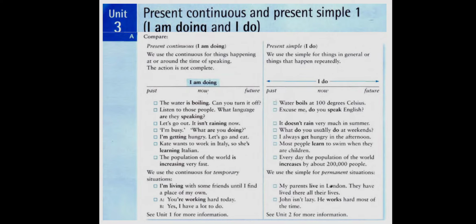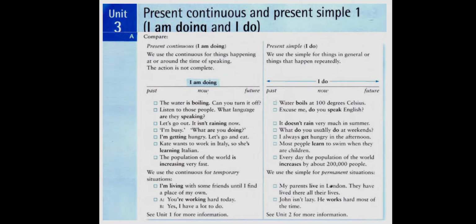When it is in the middle of the action, we use present continuous. So we say, what language are they speaking? And this is a question. They are speaking English, for example. That's why we use are, verb to be, before the subject, because it is a question.